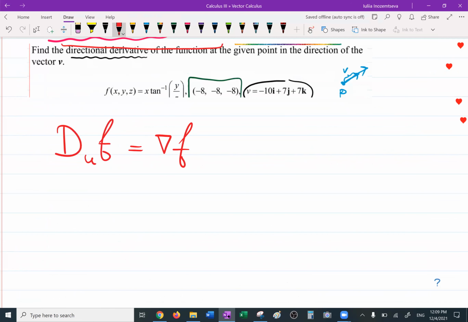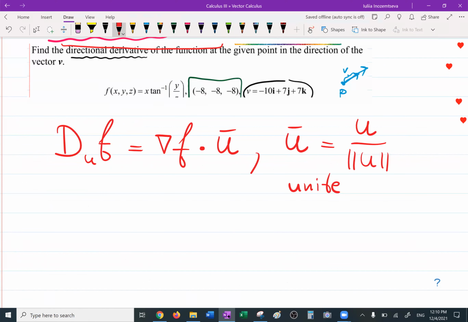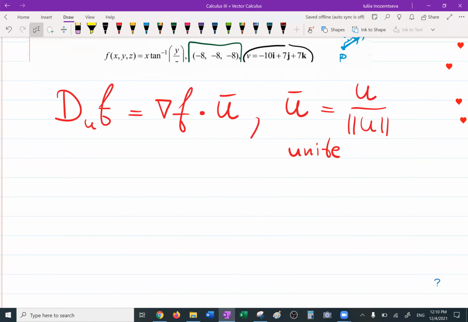Find the gradient, dot multiply by the direction, but be careful, we only need unit direction. We don't need to include the size of u. So to get rid of the size, you should unitize it, or make it unit. And usually we don't give you unit u. That's why we call it v, not to confuse you.